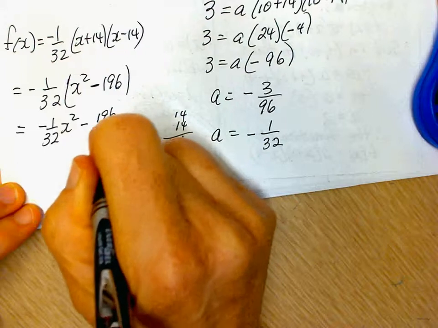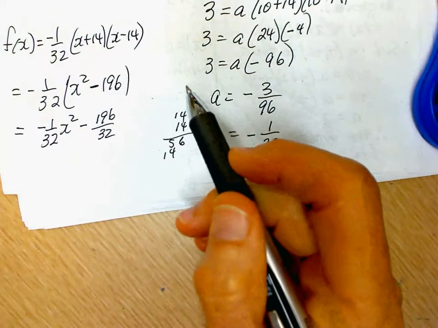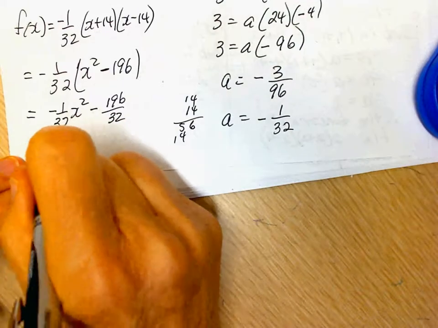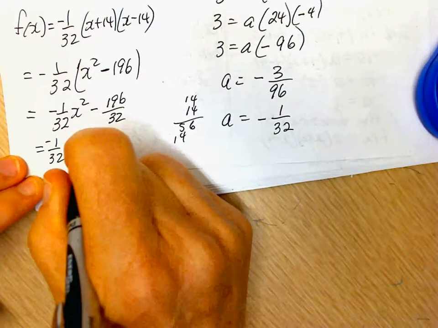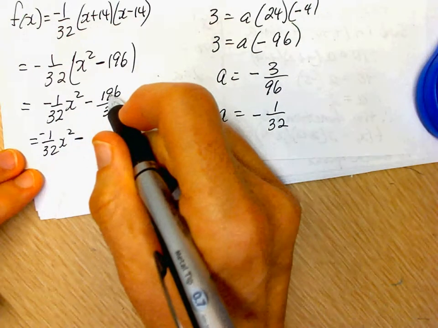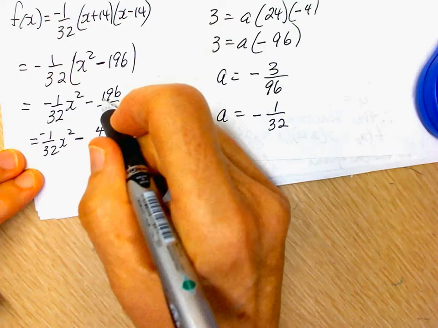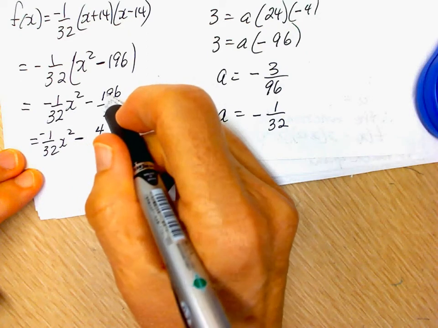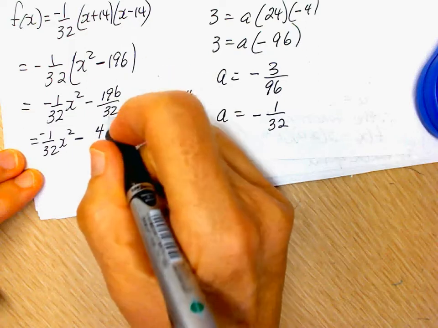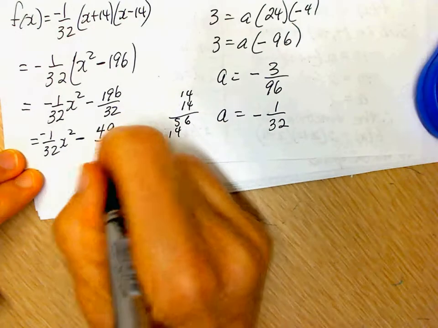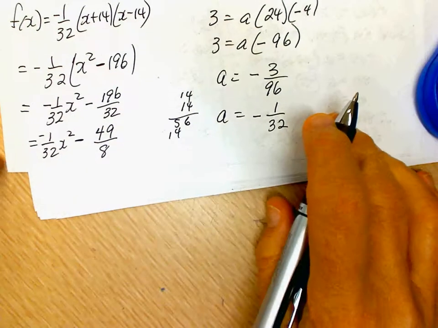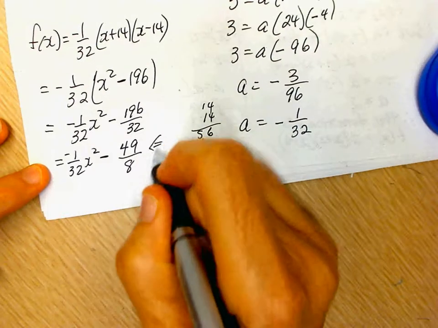I guess we can bring that down to lowest terms. I guess 4 goes into that, right? 4 goes into that 4 times. 4 goes into 36 9 times over 8. This is your standard form.